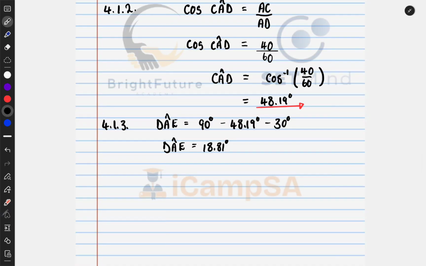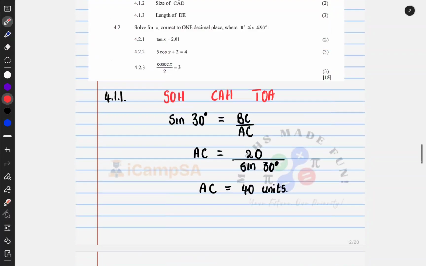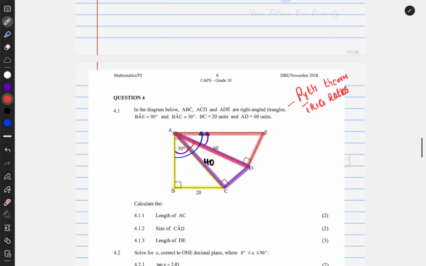Okay, and then once we are here, and remember that we are looking for side DE, this side is opposite to the angle that we have just calculated. 11.81 degrees is opposite to that side, and then we have the adjacent side, which is 60.